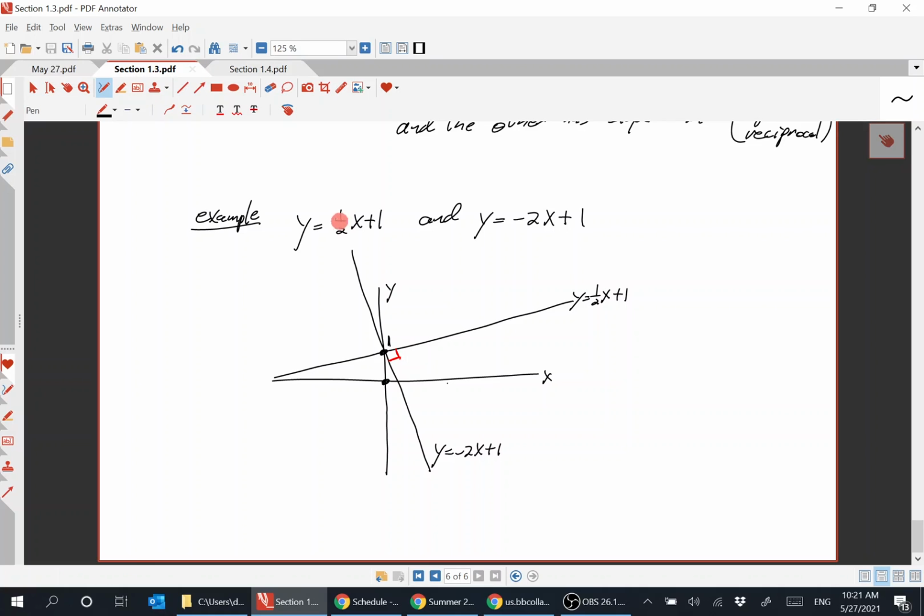So here the slope is 1/2, and here the slope is negative 2. So the negative reciprocal of 2 is positive 1/2, or the negative reciprocal of positive 1/2 is negative 2. So just take the fraction, flip it upside down.